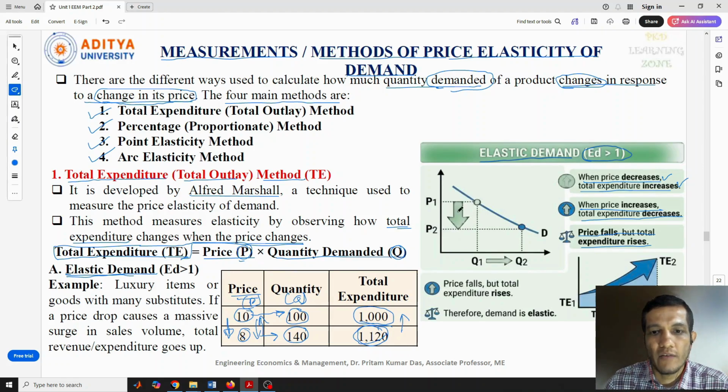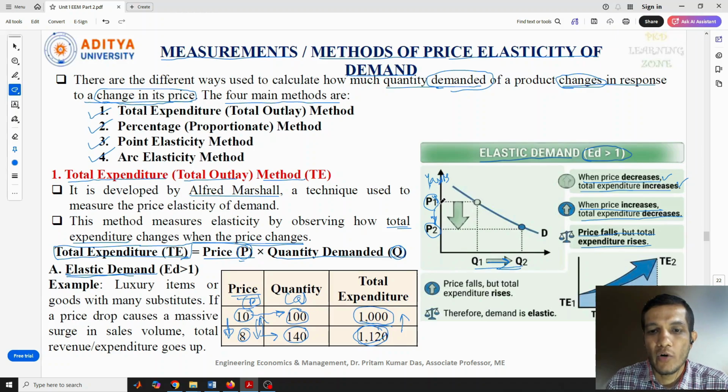If we plot the same thing in the graph, suppose this is our y-axis, and on the y-axis the price is given as P1 and P2. Initially P1 is the price, and the price changes from P1 to P2, and the quantity changes from Q1 to Q2.